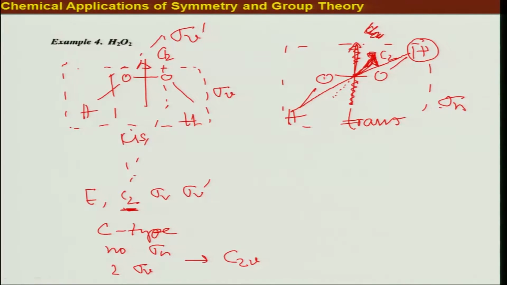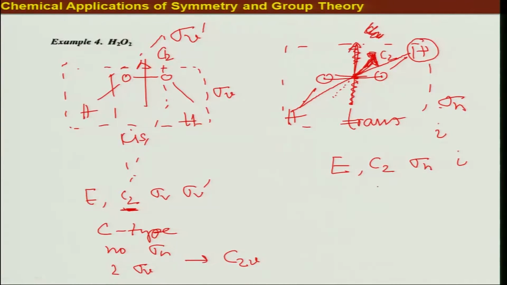Similarly, this O will find another counterpart if I go here. So every point on this molecule will find its counterpart if it passes through this central point. So I have an i. So what do we have? I have E, I have C2, I have sigma h, and I have i, and there are no other possibilities.